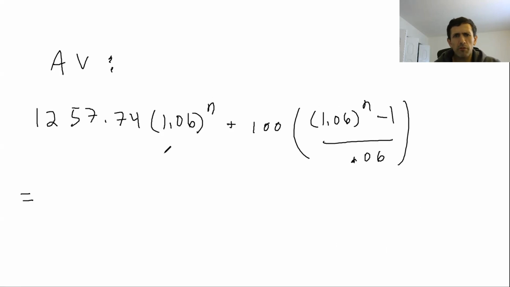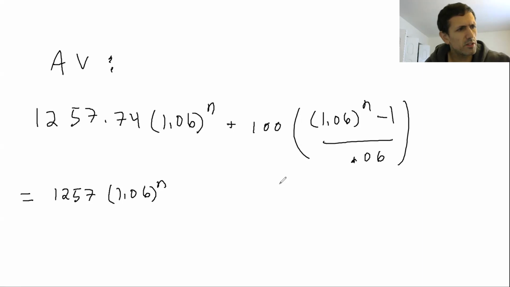All right, let's simplify this a bit. 1257.74, can't really do anything to the 1.06 to the n. Let's simplify this part. 100 over 0.06 is $1,666.67.